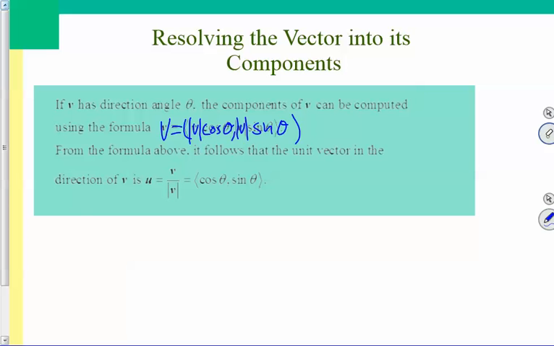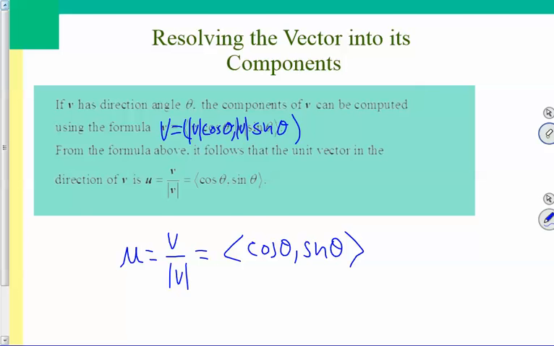From that formula, you can make the unit vector in the direction of v. You remember the unit vector was v over the magnitude of v? Well, that is equal to (cosine theta, sine theta).